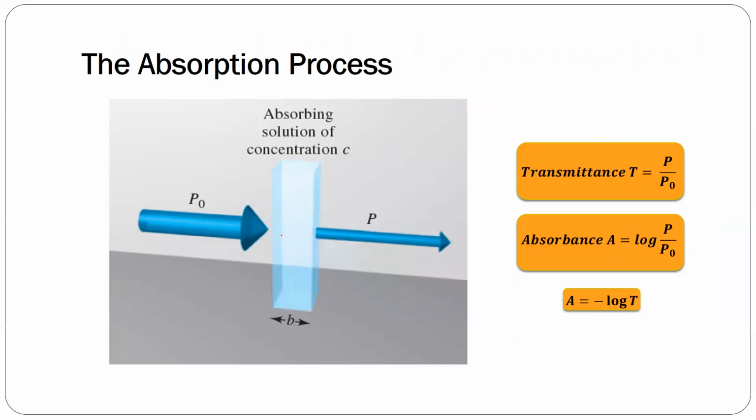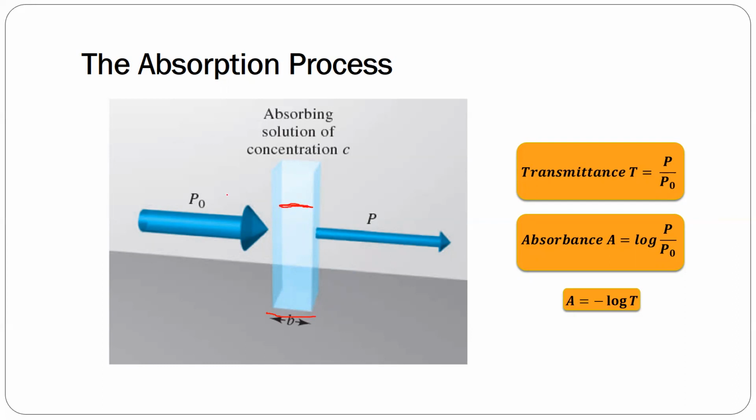Now, let's focus on the absorption process, specifically siguro yung UV tsaka visible part of radiation. So let's say you have here a container and it contains some matter, let's say a solution.